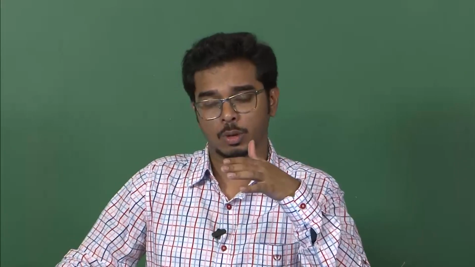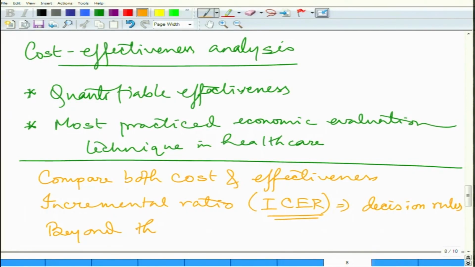If I move from process A to process B, maybe the improvement is not really high, really convincing. So we do an incremental cost effectiveness ratio, and then we try to understand the values beyond ICER and its implications or interpretations.